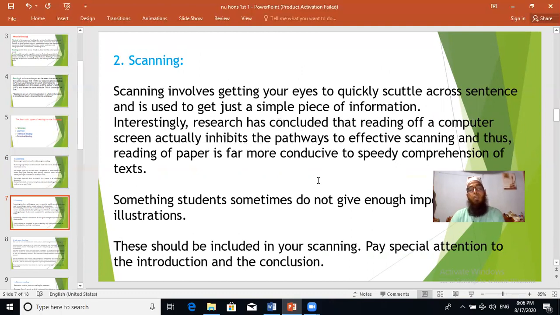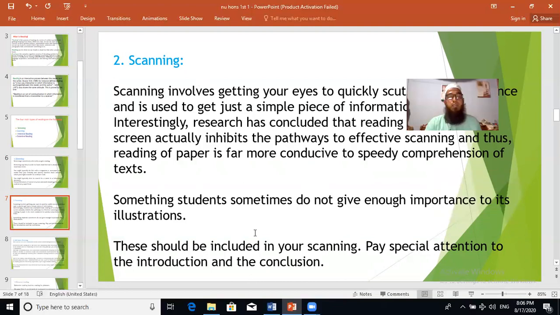So when we read the computer screen, sometimes we do scan. We look for specific information and we read very quickly. We don't go word to word or sentence to sentence. We just go for specific information and give a quick reading. That is scanning.